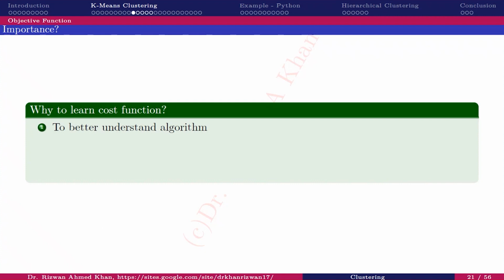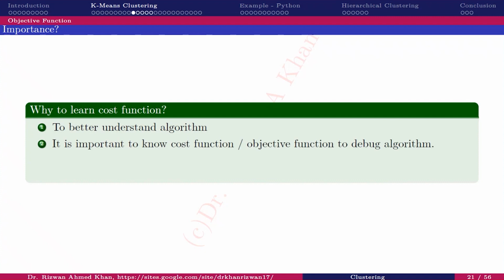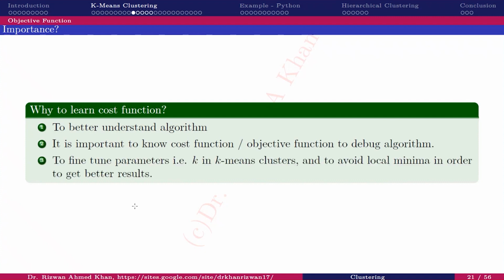When I do the cost function discussion with students, the first question is why we need to understand the cost function for the K-means clustering algorithm. For students, it's much easier to give this idea: if they understand the cost function better, they can understand the algorithm better. And if they know the cost function, they can debug the K-means clustering algorithm well.